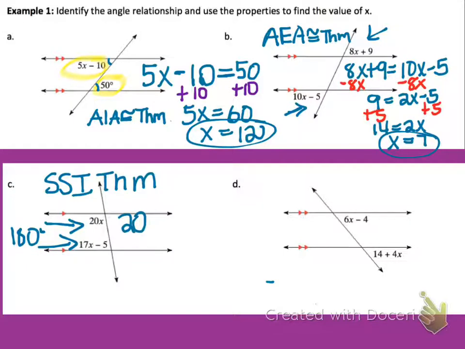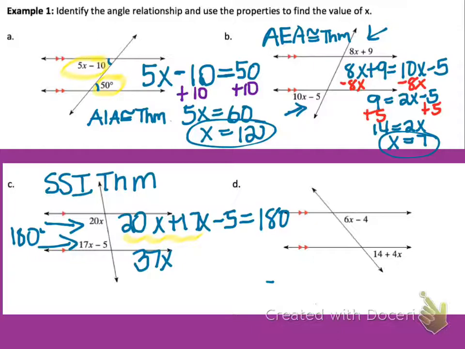So I could say 20x plus 17x minus 5 equals 180. And then I could just solve that equation for x. Putting my like terms together, the 20x and the 17x combine to make 37x.